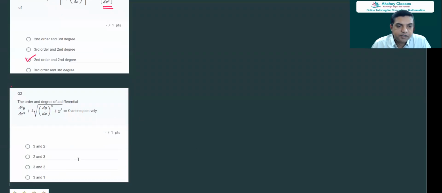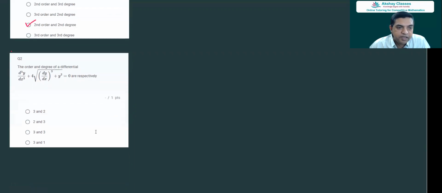Now, order of the differential equation given like this: d cube y by dx cube plus 4 times under root of dy by dx whole cube plus y square equal to 0. Now, this is a differential equation.